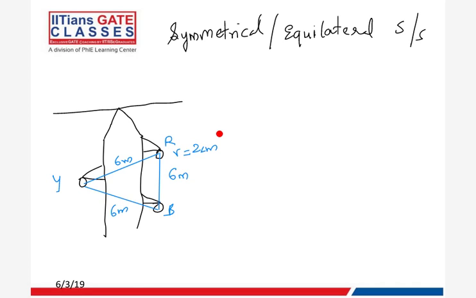So then we know that the GMR, the geometric mean radius of phase R, will be 0.7788 into 2, just you can calculate and tell me. Same with GMR Y, and GMR B also will be same because they are all having same radius, right?